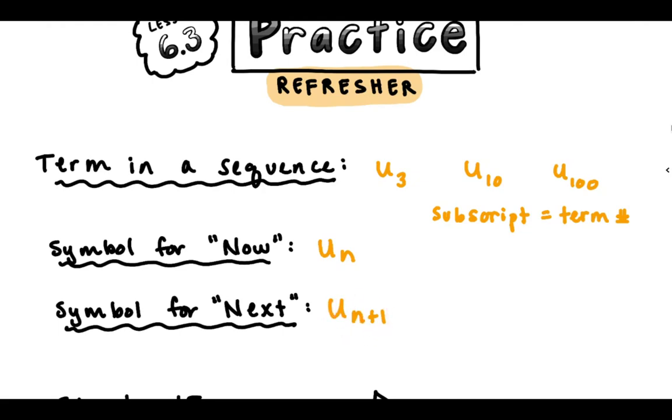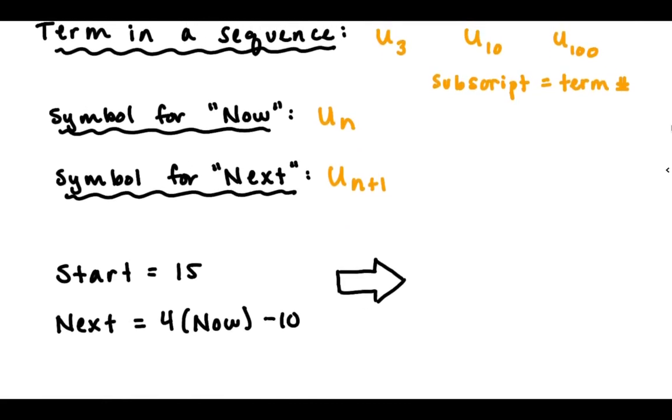Okay, then we looked at how we would translate our now next formulas into this symbolic form. So we're basically keeping everything the same except replacing our words start, next, and now with their symbols.